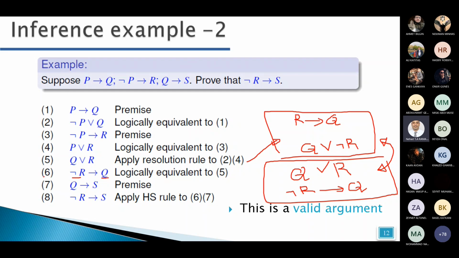Look at statement 6 and the premise, Q implies S, with the Q here.